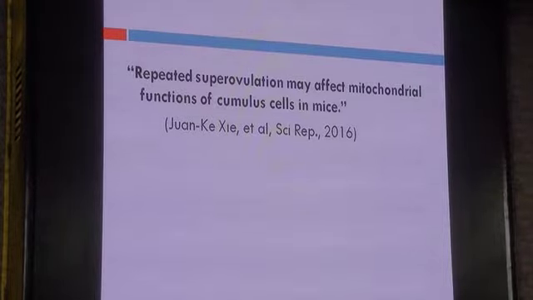On the other hand, we don't really have studies to discuss the issue in humans, but I would like to draw your attention to these last 2 slides. This paper was published in Scientific Reports in 2016, titled Repeated Superovulation May Affect Mitochondrial Function of Cumulus Cells in Mice.